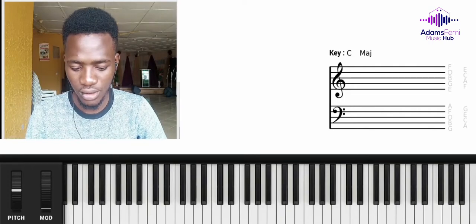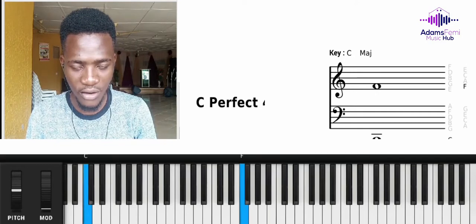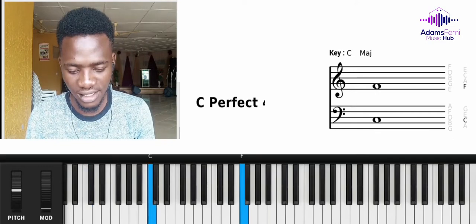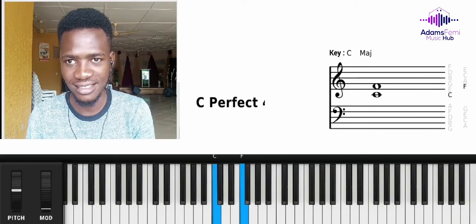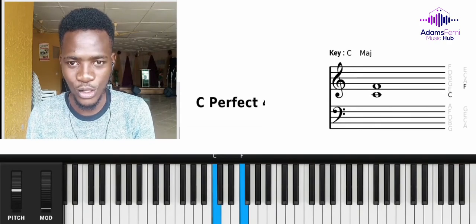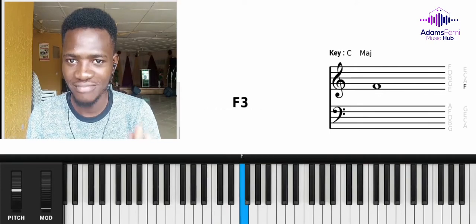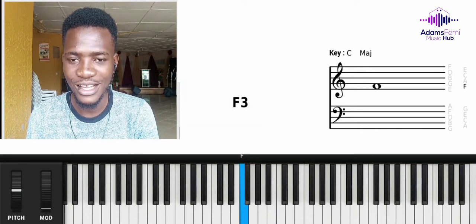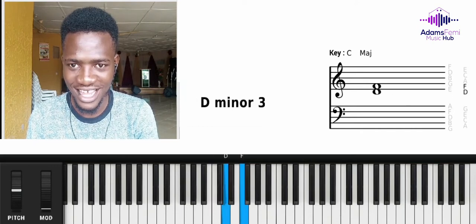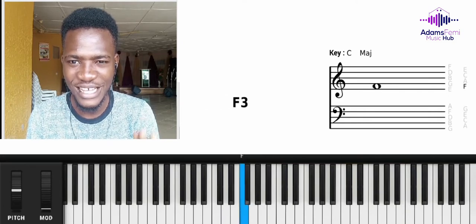Let's do one more. So now let's count. This is C1, with every 2 black keys. The next one, C2, exactly, C3. So by position we have 1 to 7: 1, 2, 3, and 4. By solfege, Do to Ti: Do, Re, Mi, and Fa.